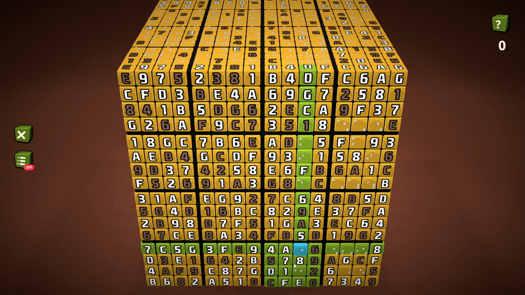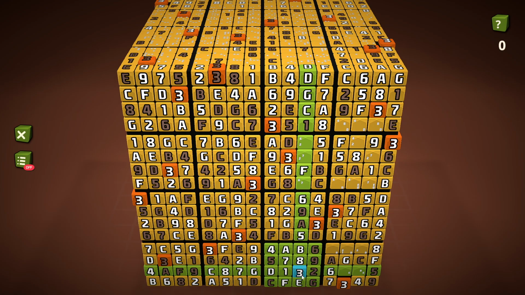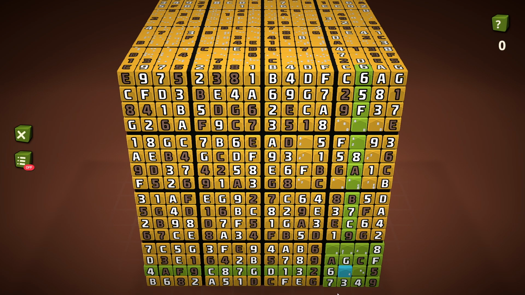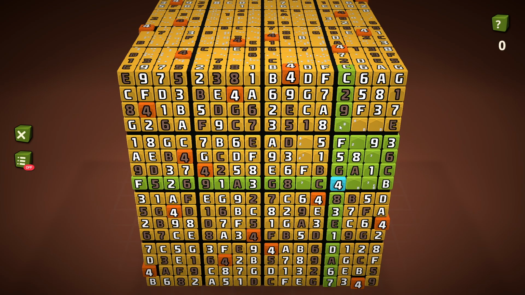Back down, we got the B and the 3. And then to the right, we have more D and E. B, 2, 1. And that's given us a few more things back there. So we got the 4.